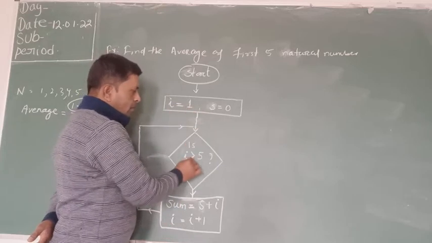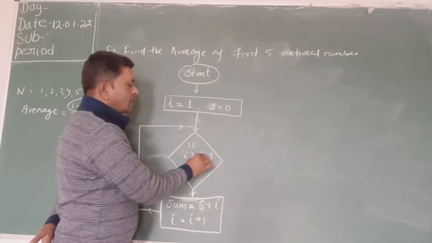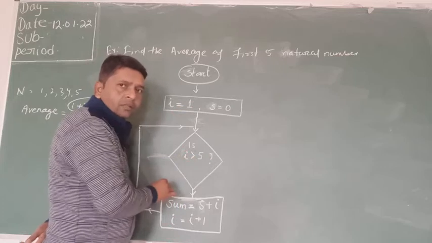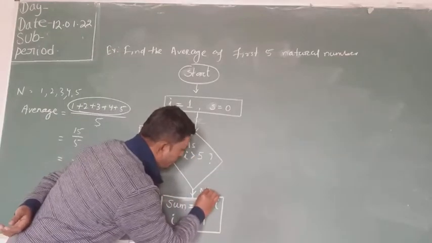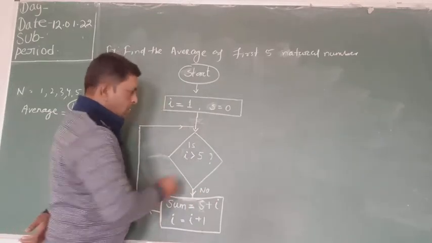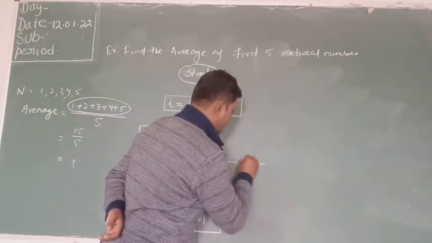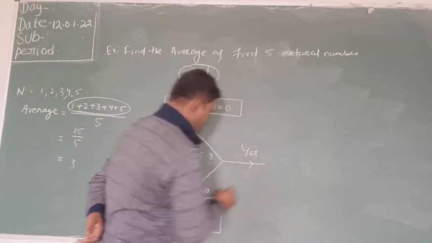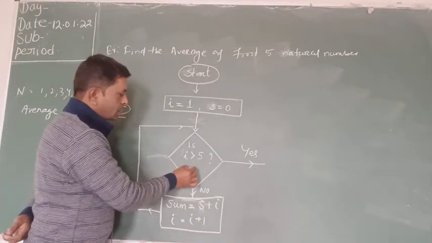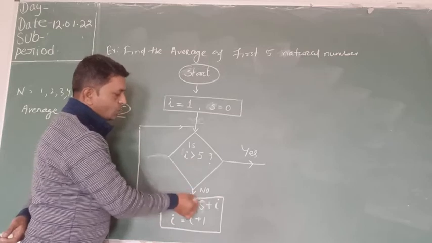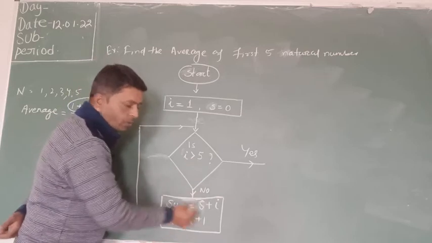When we look at the figure, I is equal to 1, it is checked here: is I greater than 5, yes or no? No. If the condition checked here is no, then what will it do?